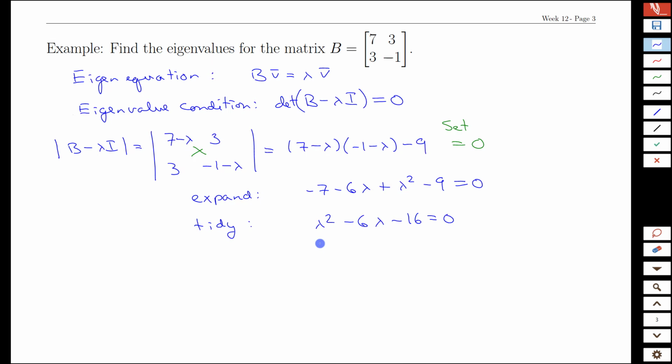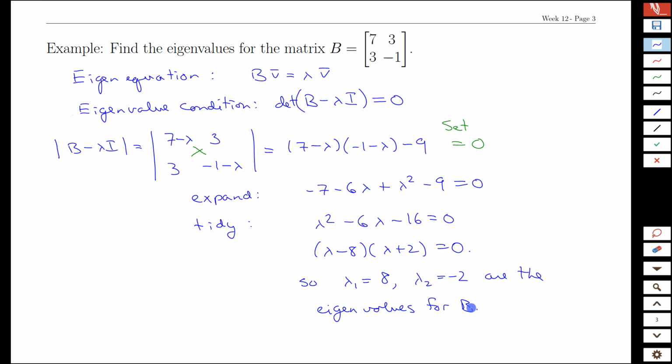That's nice quadratic form, and we can see that minus 8 and plus 2 will be factors for that. And so lambda 1 equals 8, lambda 2 is negative 2, are the eigenvalues for B.